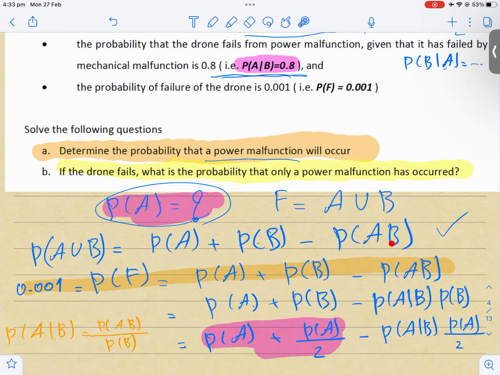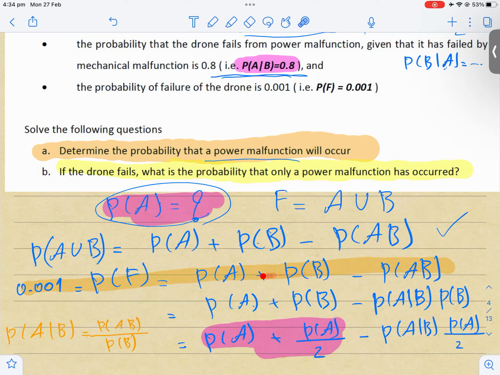From this, the probability of A union B, or probability of F, is 1/1000. So I will write this one: the probability of A, I don't know, we want to find it, the probability of B, I don't write anything, minus the probability of A intersection B, AB.